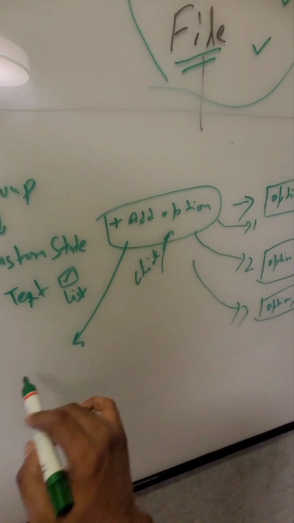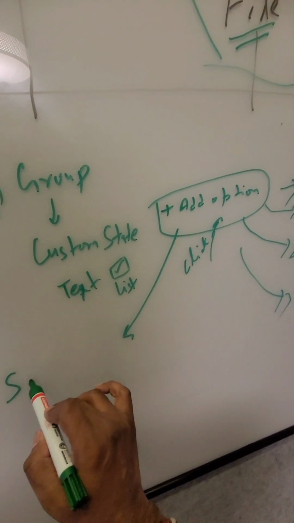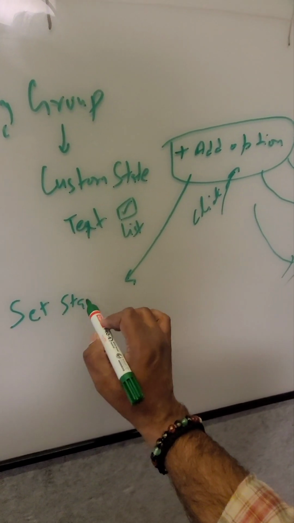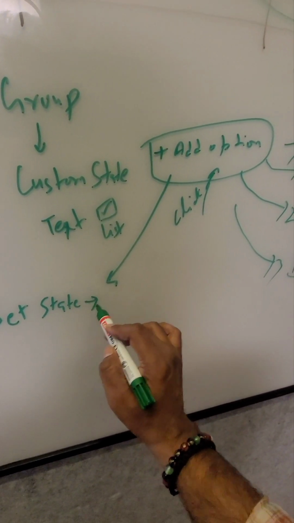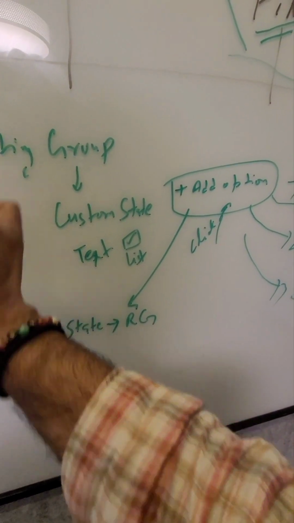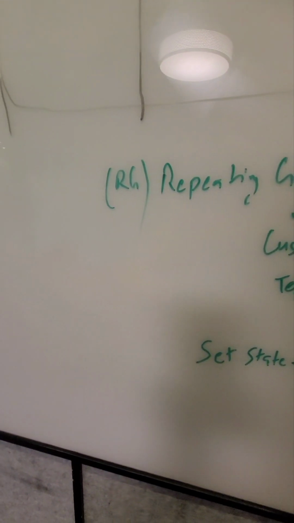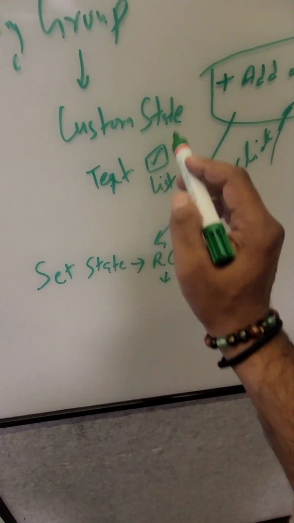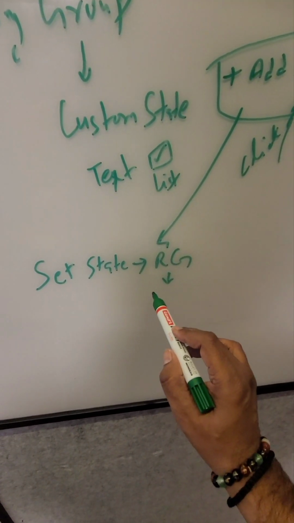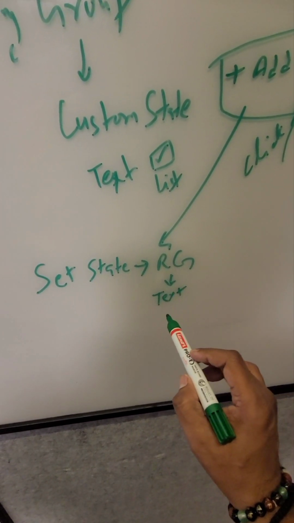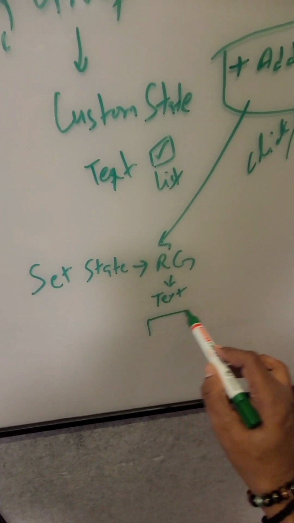What I'm going to say is set state, and the state is going to be RG. I just give a short form, RG, right? Set state RG, and that's going to be text, right? So how will I add it? I need to pass the workflows here.